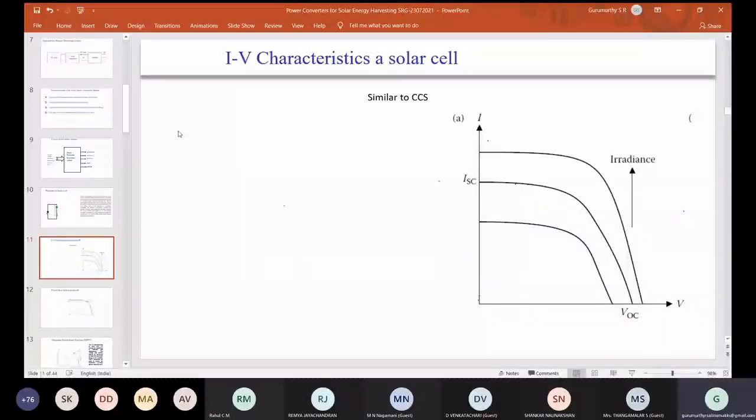Basically, we can understand the solar cell by understanding the current source. Suppose there is a constant current source. It is represented like this, right?